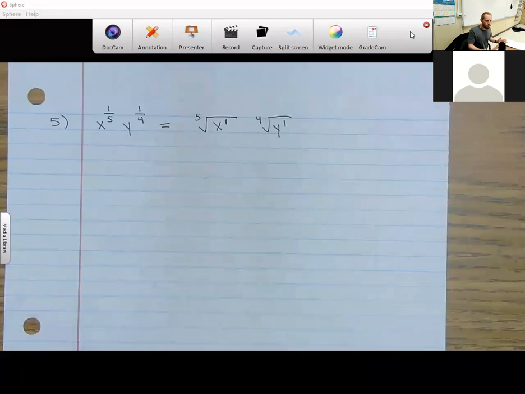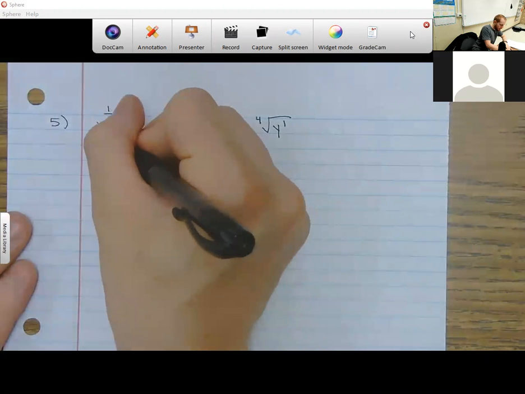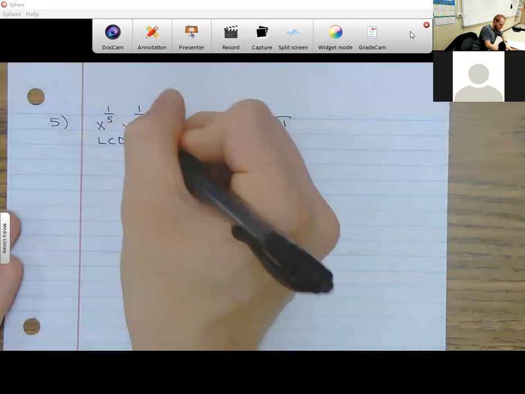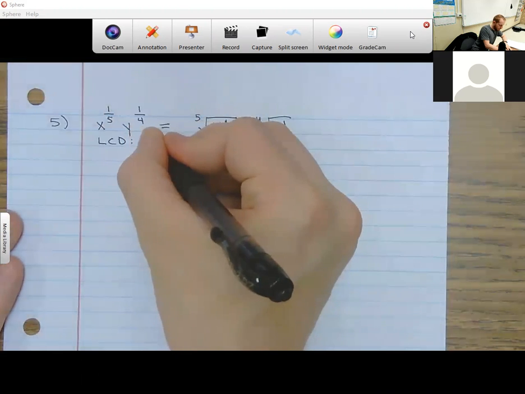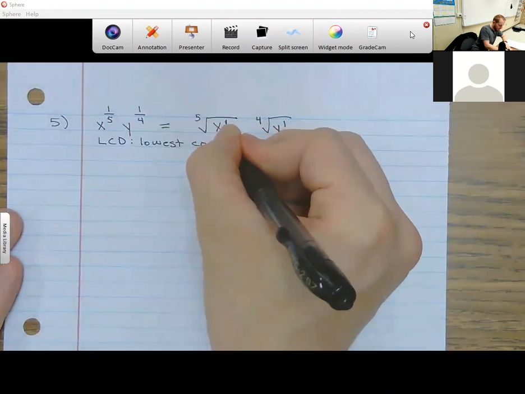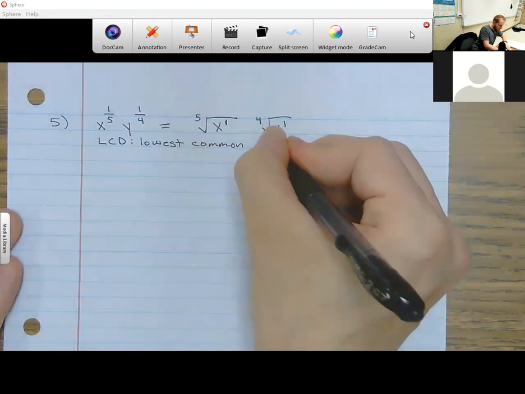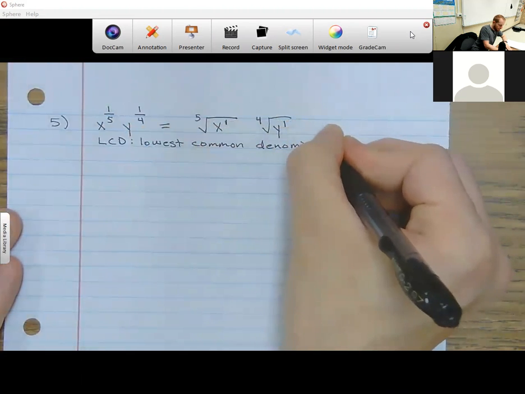And what I want to do with this is find a common denominator. So I want to find the LCD. What does the LCD stand for? It stands for the lowest common denominator. So look at the denominators of the fractions that we have.